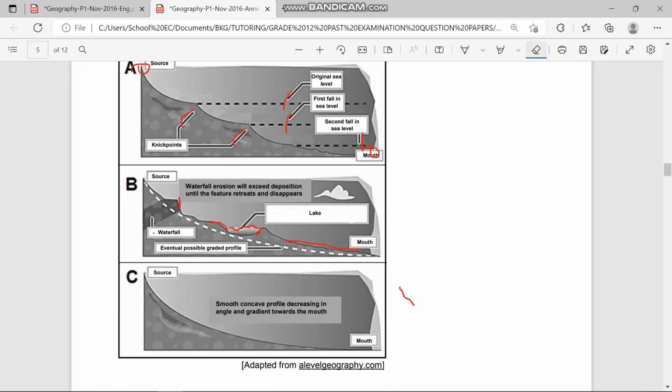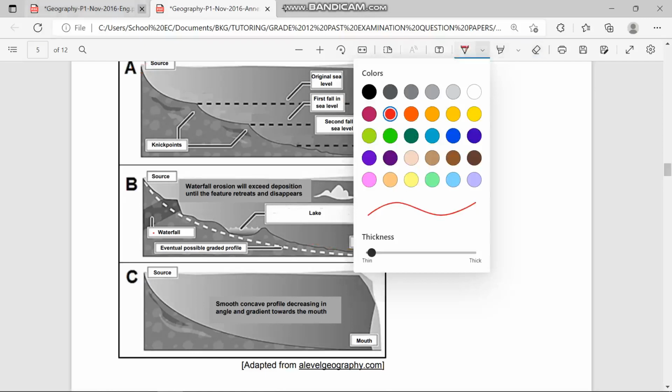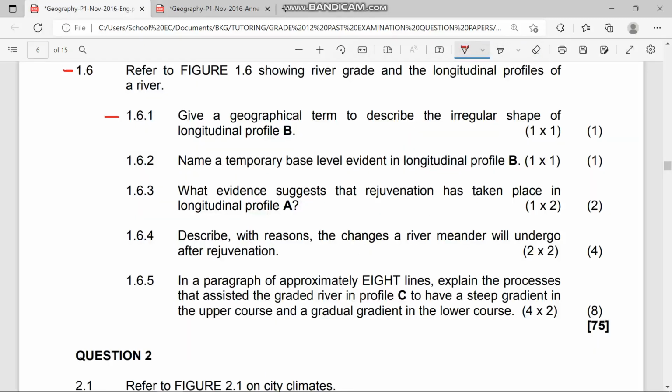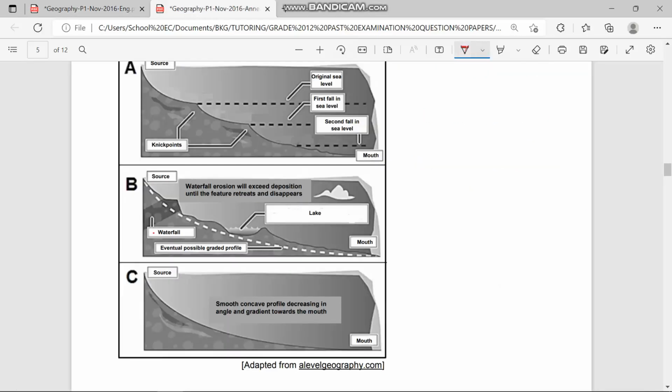So let's go back to our question. Our question says, give a term for the shape of longitudinal profile B, for 1 mark. You just need a geographical term. B, as you can see, is much different from C, and even much different from A, because A is at least partially graded.